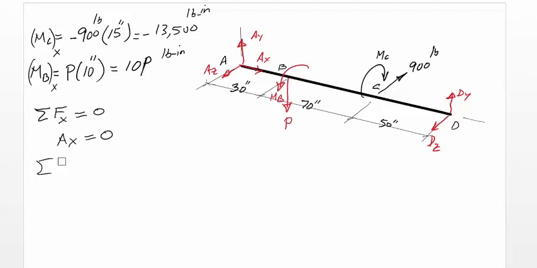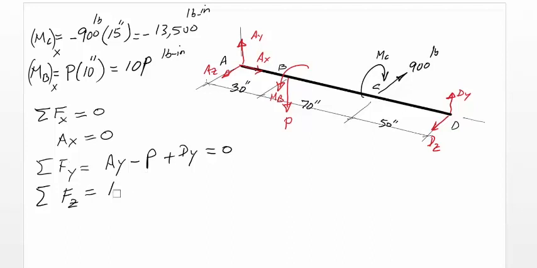Summation of forces along y-axis: AY minus P plus DY equal to 0. Summation of the forces parallel to the z-axis: AZ minus 900 pounds plus DZ equal to 0.